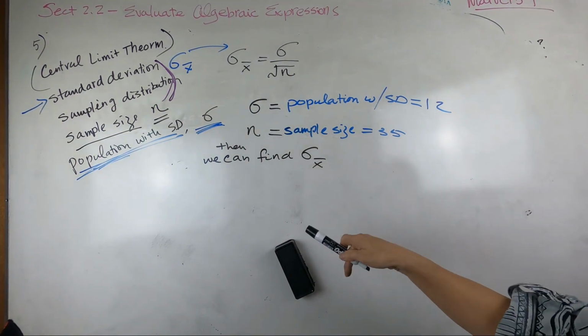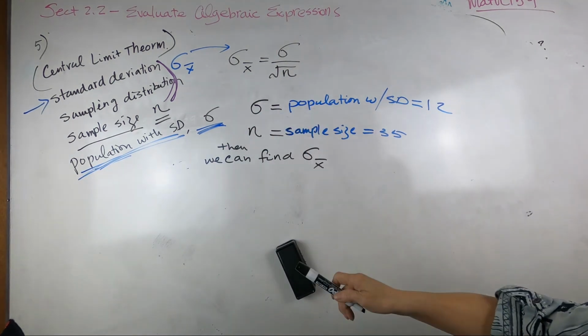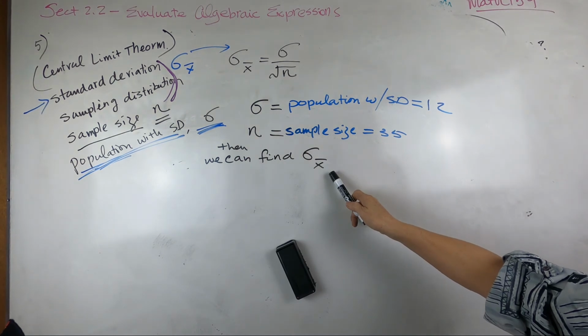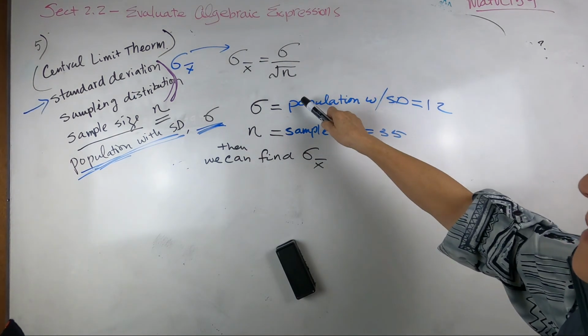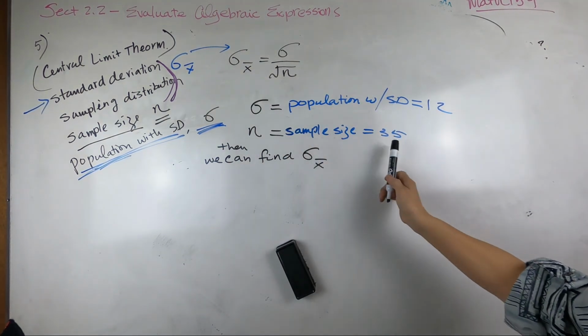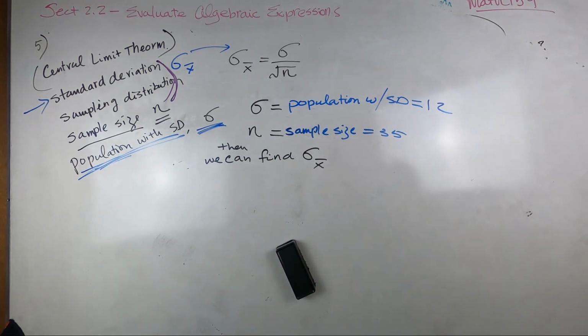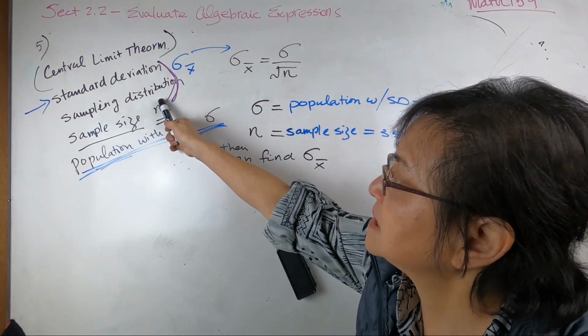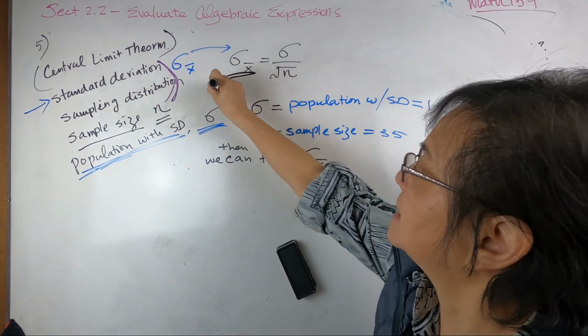So in this question, we want you to find the sigma x bar with given sigma and n. Of course you can find it, because sigma is 12, n is 35. You just plug in. But among all those words, it says, what is the standard deviation, sigma x bar, for the sampling distribution? That's this guy.